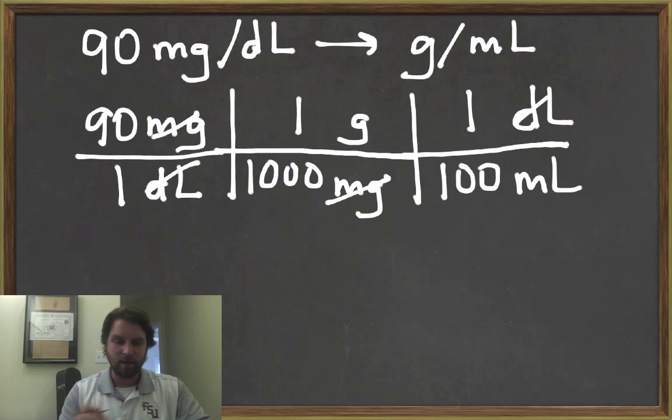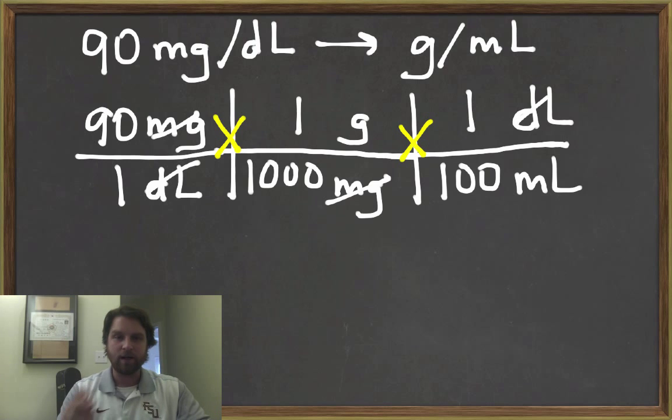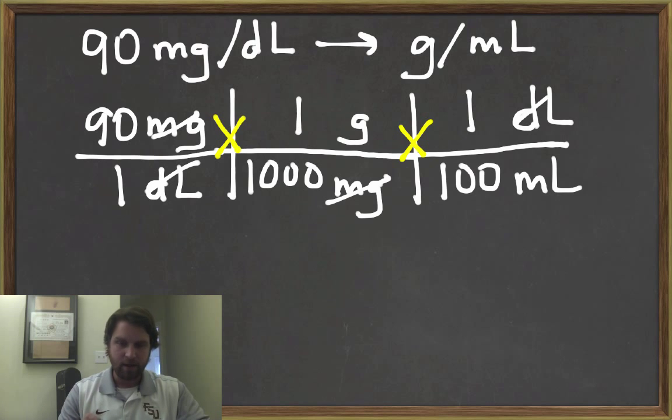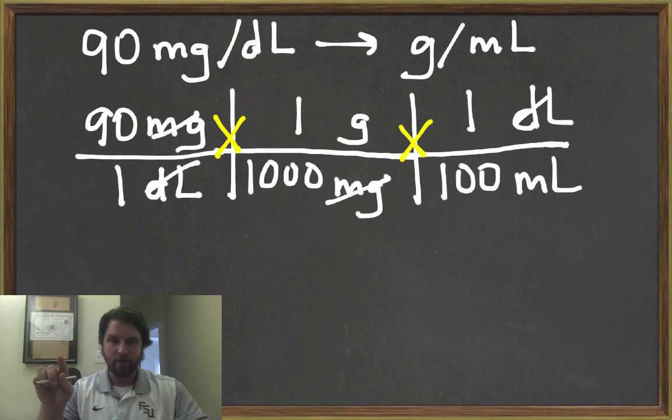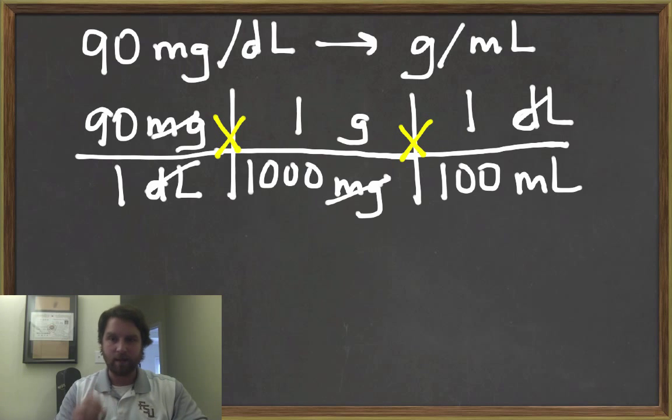Every time I have a line right here, it's like a multiplication sign, like I'm multiplying 3 fractions together. So you multiply all the top numbers together and divide by the product of all the bottom numbers. I'm going to do 90 times 1 times 1, all divided by 1 times 1,000 times 100.